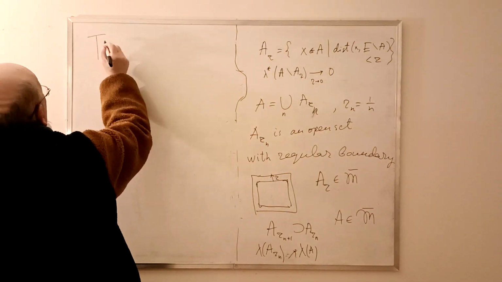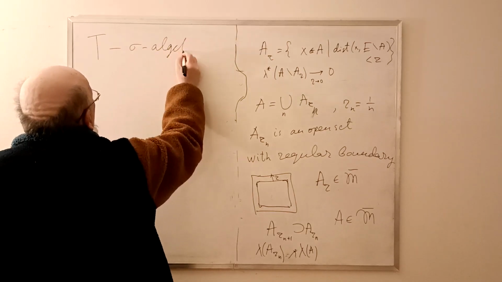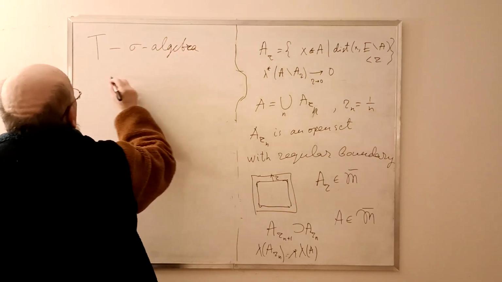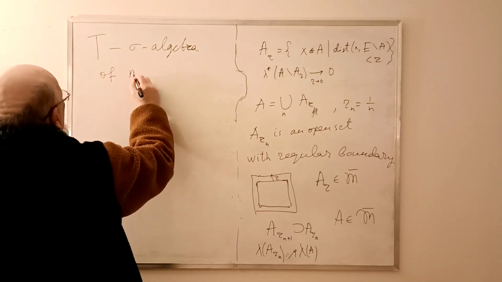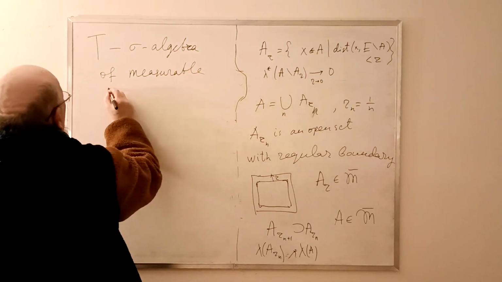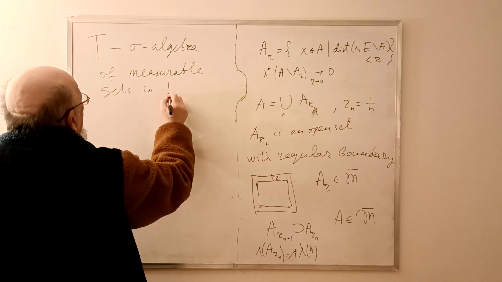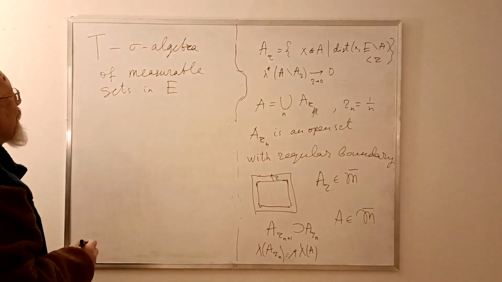Let's denote by T the sigma algebra of measurable sets in E. It is the square.